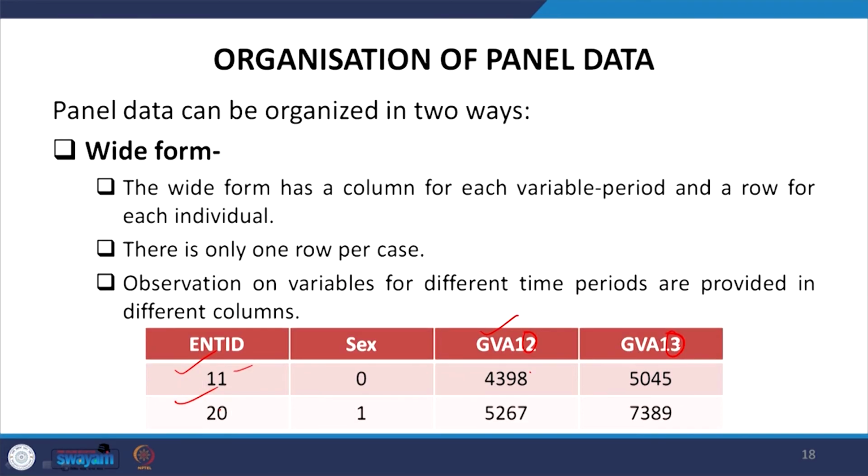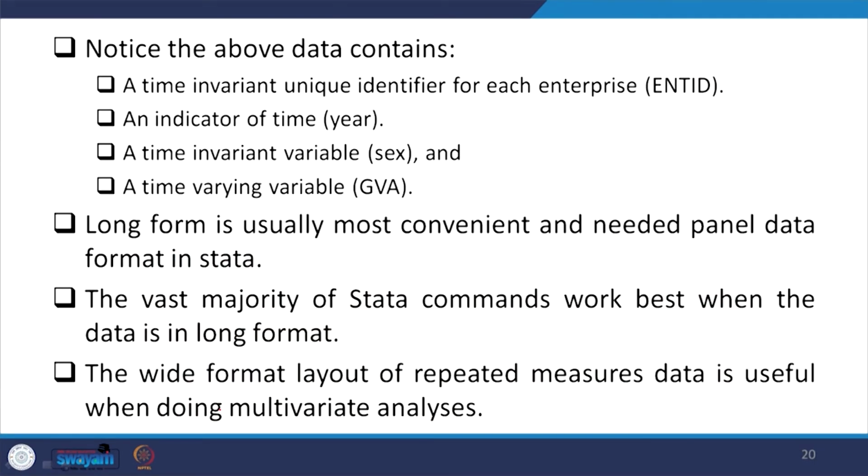Now, coming to some other features of this data. There is a time invariant unique identifier for each enterprise, that is ENTID, which we discussed in our 7th NSS data. Basically the data contains a time invariant unique identifier variable.